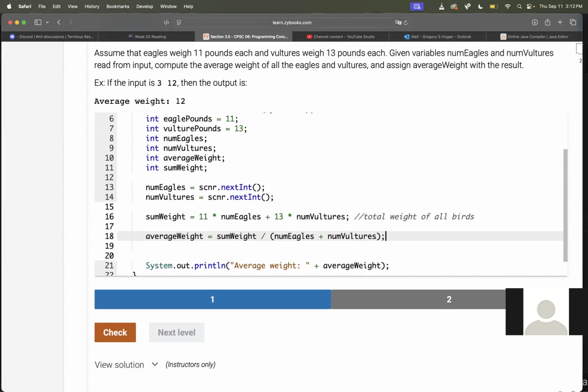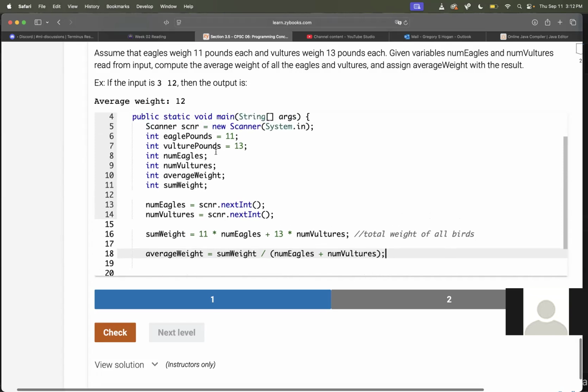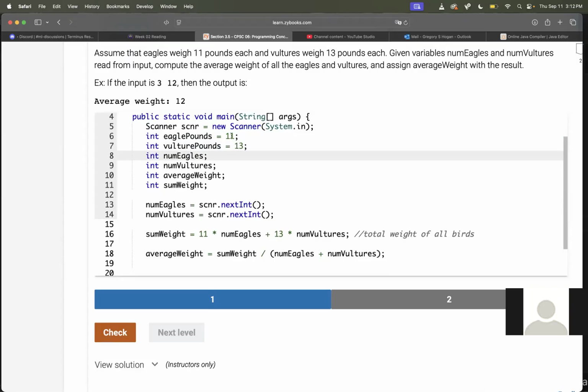Okay. Now, as I was doing this, I realized I didn't see this at first, but they wrote in that the eagles weigh 11 pounds and the vultures weigh 13 pounds. So this should be fine, but if you want to, you can get rid of the 11 down here and replace it with eagle pounds. And the same thing with the 13.